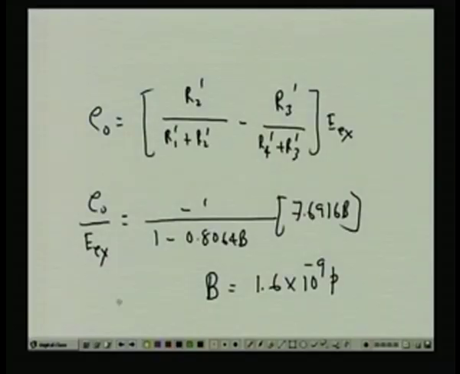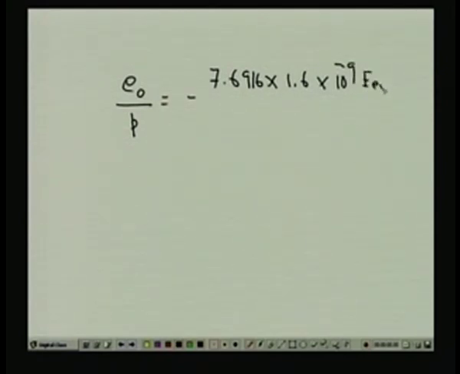So, I will get E naught by Ex equal to, or I should directly write that E naught by P equal to minus 7.6916 into 1.6 into 10 to the power minus 9 Ex upon 1.